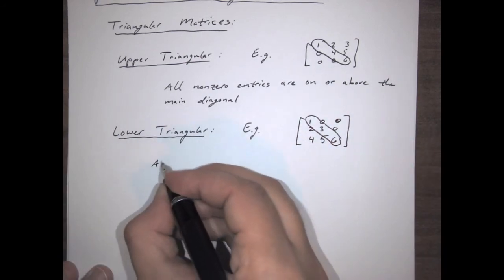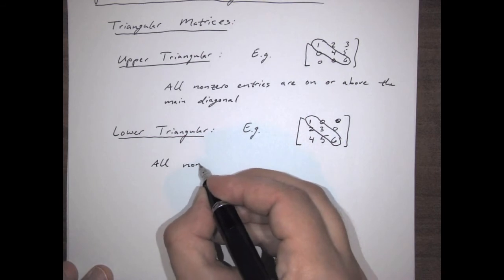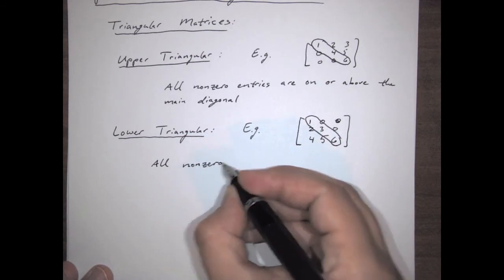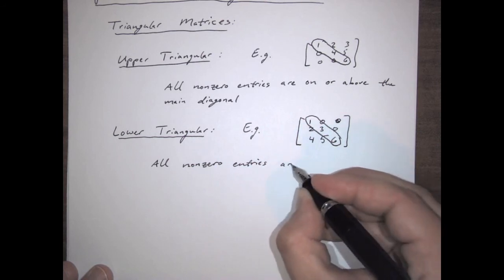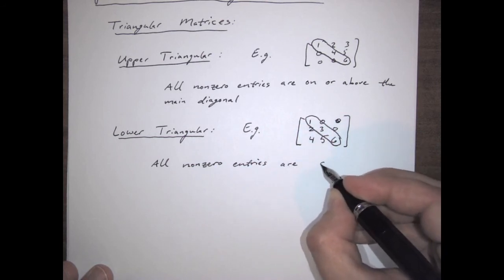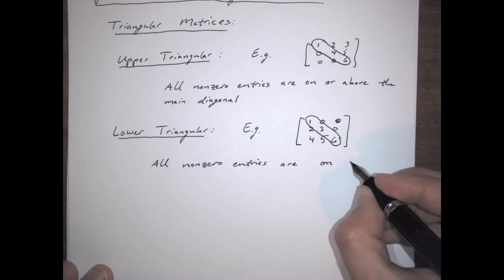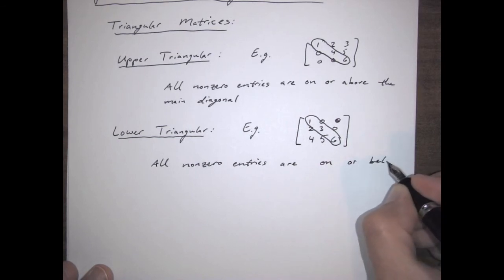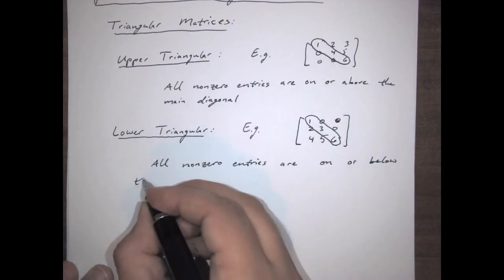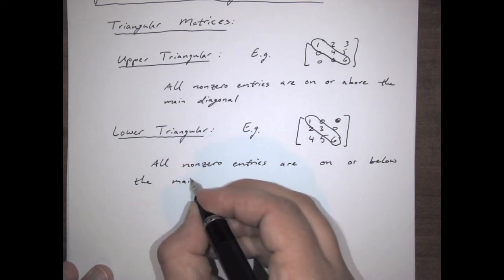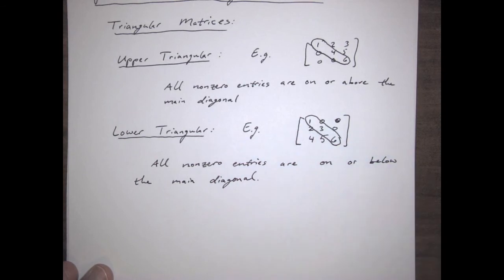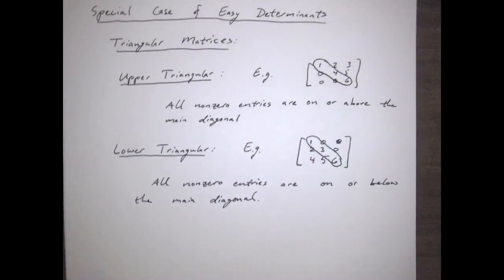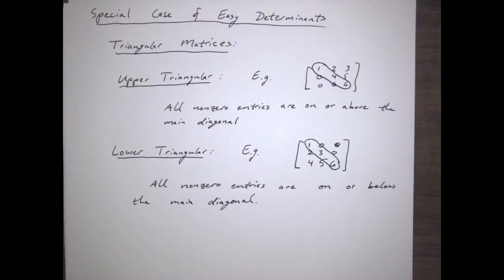So all non-zero entries are on or below the main diagonal.